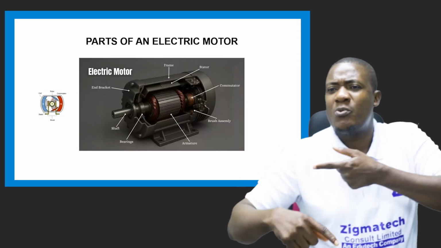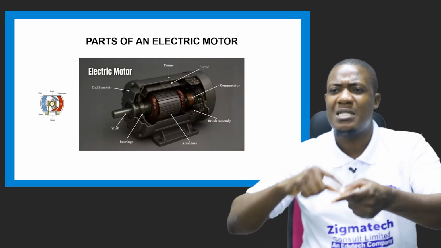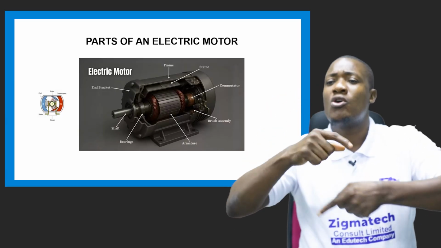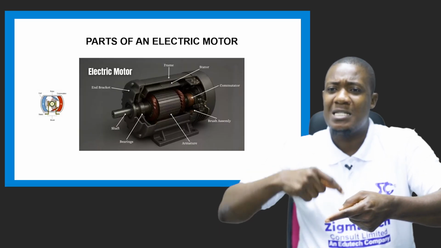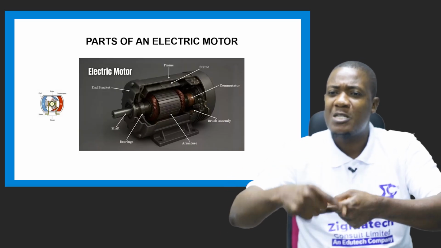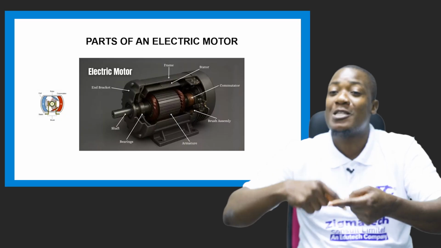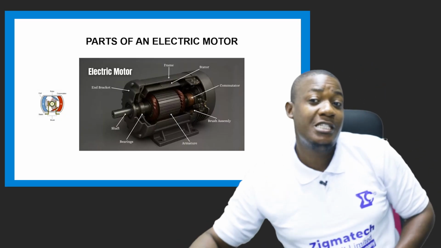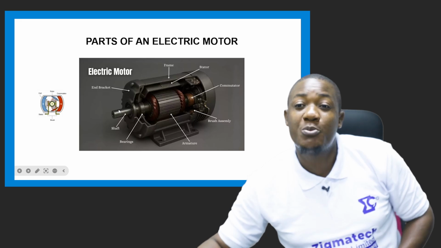So, when this armature turns, remember that the stator is magnetized already, it's a magnet. So this force continues to rotate or turn the armature. As the armature is turning, this shaft you see here turns in the process.